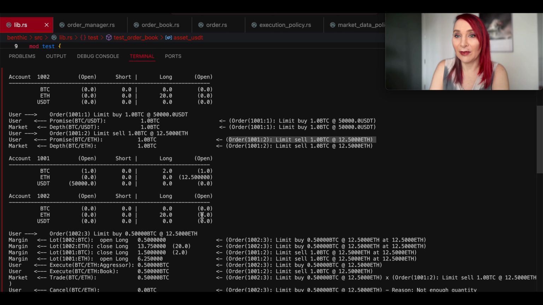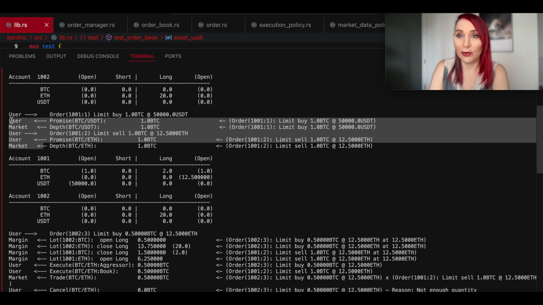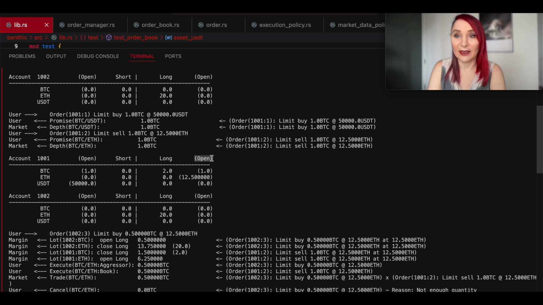All right, so what does the balance sheet look like? You would expect these two orders made a change to the balance sheet in some shape or form. However, they didn't actually change any balances because we didn't execute any orders yet. We have a special column saying open. Open means how much balance is open in the order.